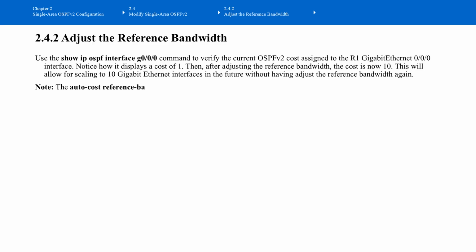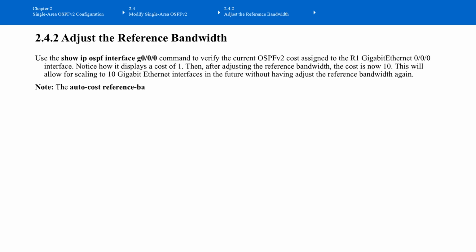After changing the reference bandwidth, we can check the new OSPF cost using show ip ospf interface and then entering the interface number, such as show ip ospf interface G0/0/0. Before changing the reference bandwidth, the Gigabit Ethernet interface has a cost of 1.